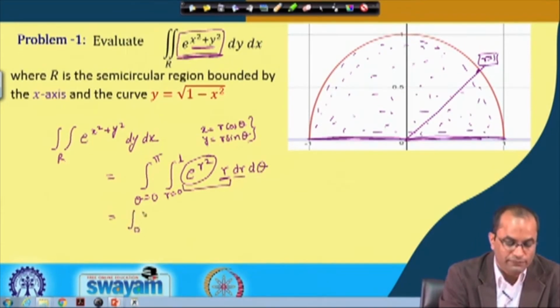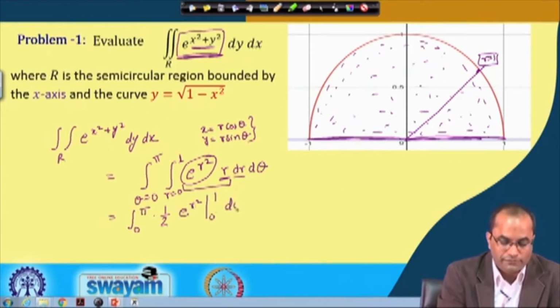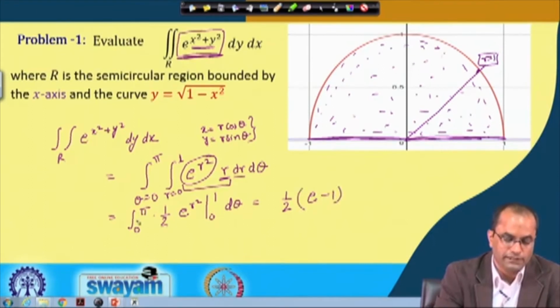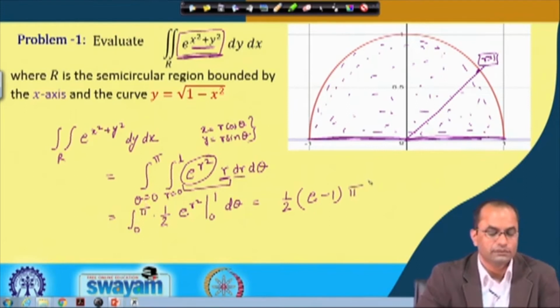So, we have theta from 0 to pi and this will give us half, and then you have 2 r here, exactly the differential of r square. So, this integral will be e power r square from 0 to 1, with d theta. So, this will be e minus 1 with half, and then this theta when we put the upper limit pi, there will be another pi there.